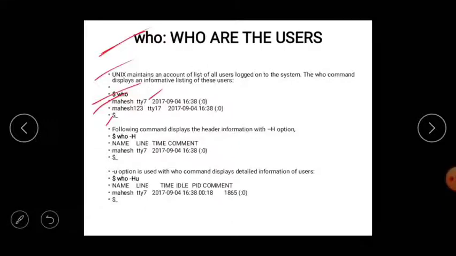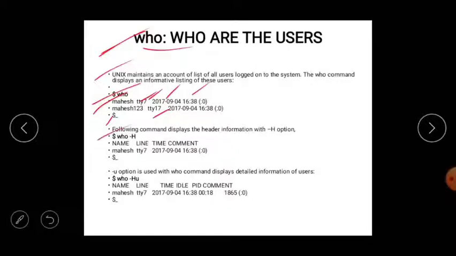This TTY is used to display the current terminal used by the users, which means which terminal is used by the users will be displayed here. They used 7. This Mahesh 123 used terminal 17. This is the date, this is the timing. Okay, this is the information we are going to get about the users by the command who.